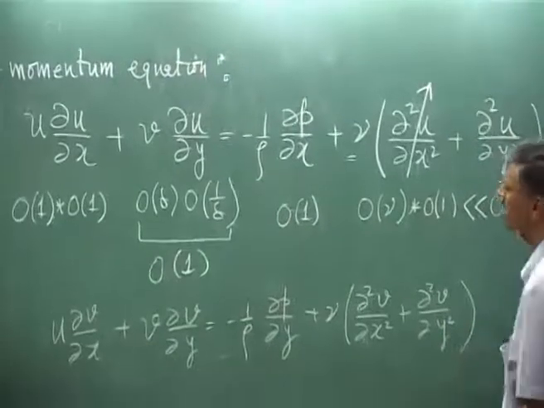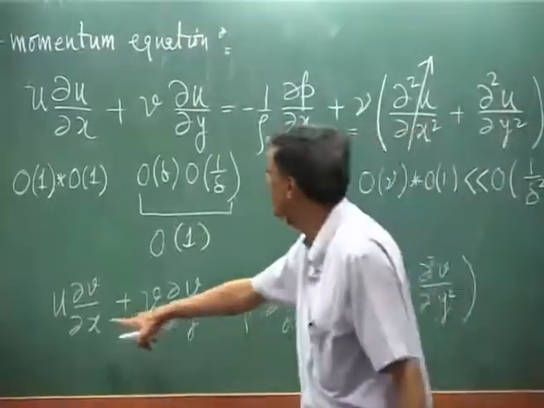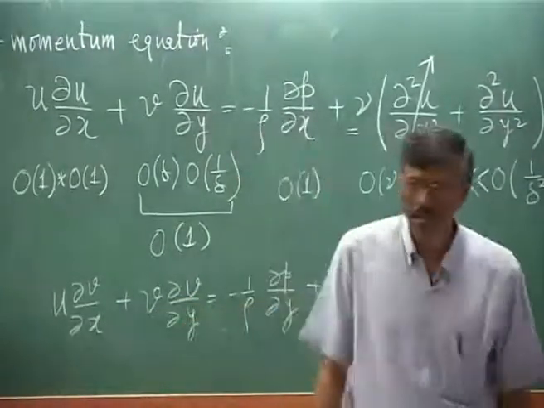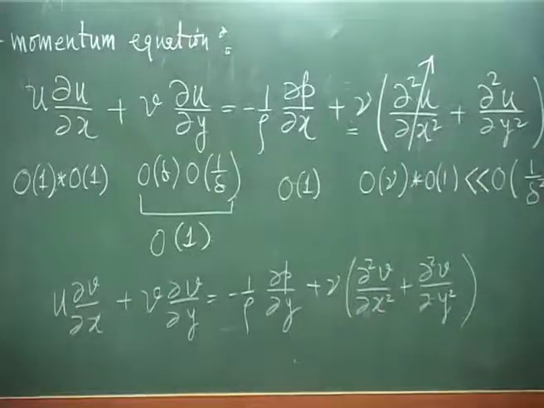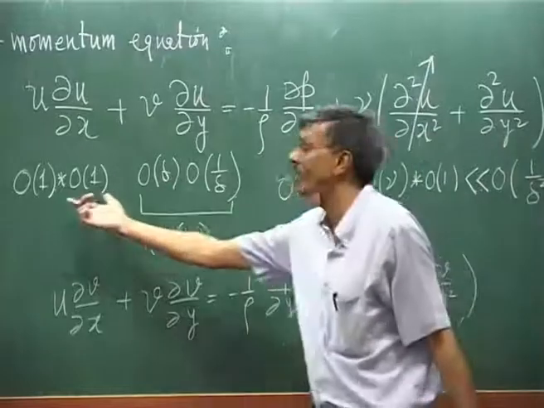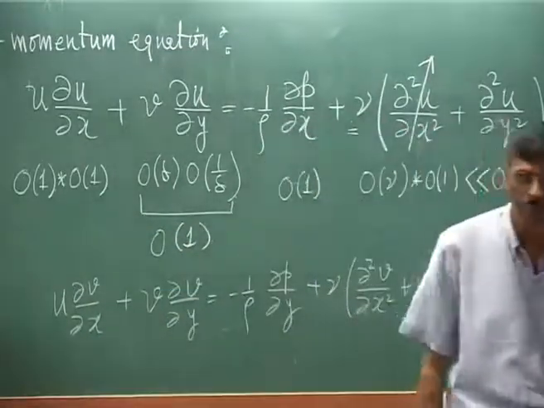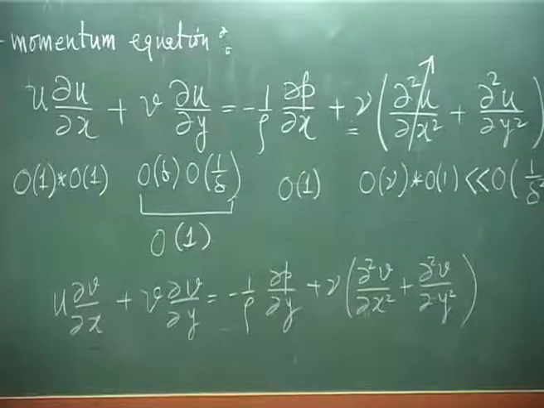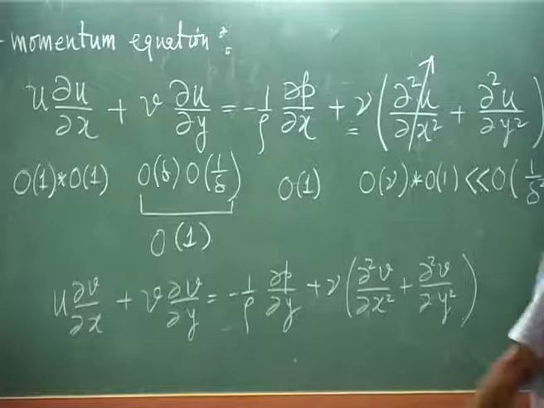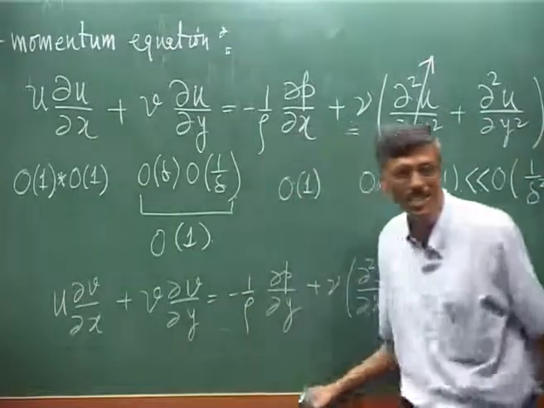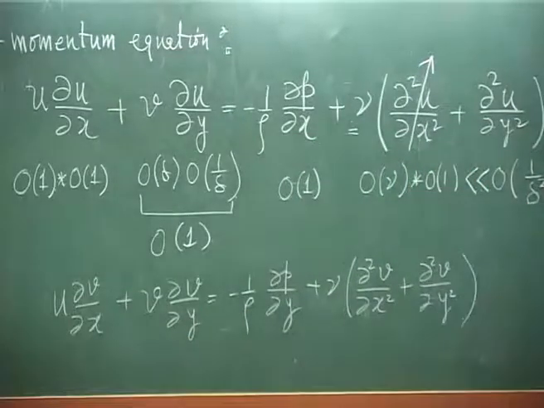You would notice that all these individual terms will be one order lower compared to the x momentum term. On the left hand side, these are order 1 terms. You will find individually this is order delta, this is order delta, and so on. As a consequence, all these terms are what we call subdominant.